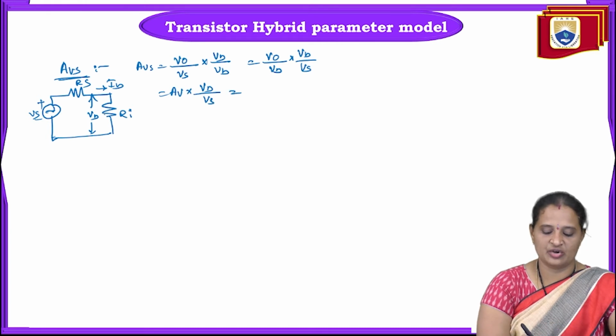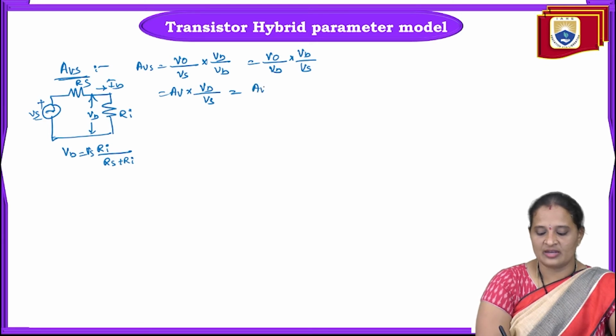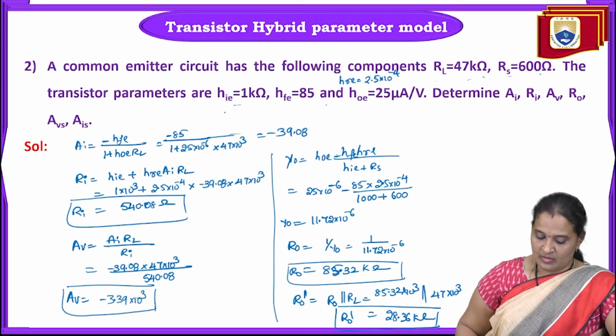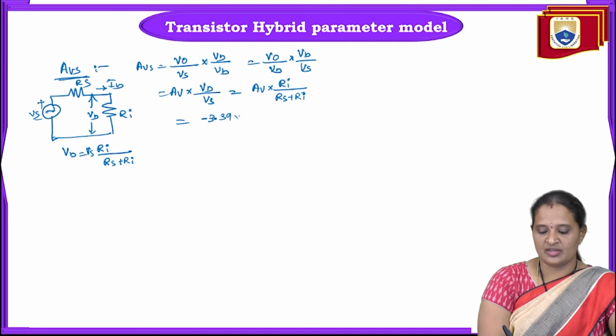So from this circuit, I can calculate VB as Vs, the input voltage, into that resistance by total resistance, Rs plus Ri. So I can calculate this one as Ri divided by Rs plus Ri. So what is the value of AV we have got? That is minus 3.39 into 10 to the power of 3 into Ri value.